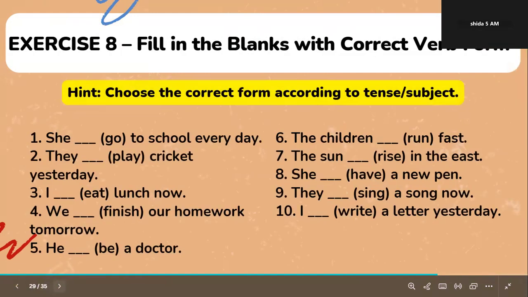The next exercise is fill in the blanks with the correct verb form. So we have to choose the correct form according to tense or subject. She dash go to school every day. What is the answer? Yeah, she goes to school every day. Don't worry, let's check.